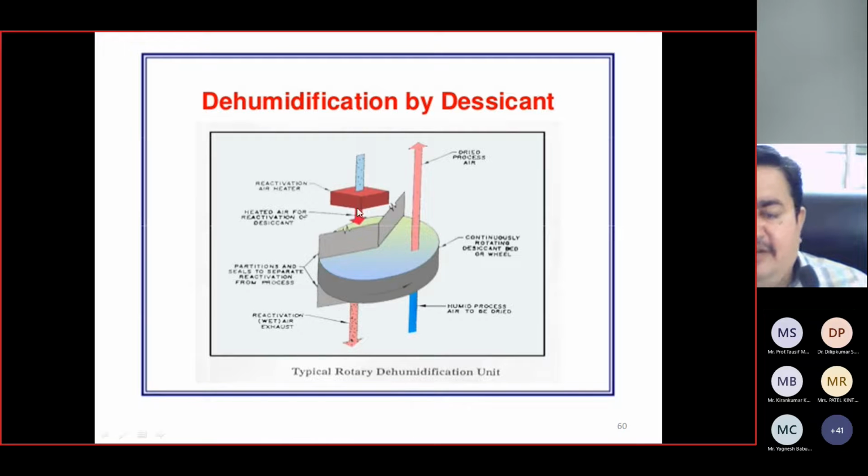Both air streams are not supposed to mix with each other, but still some 5% to 7-8% of air gets mixed, because the wheel travels at a very slow speed. The speed of the wheel, as Babur sir mentioned earlier, is very low. In 1 hour it turns just 15 to 20 rotations. This is because some time is required for the air to be dehumidified. If you increase the wheel speed, then the rate of dehumidification will go down drastically.